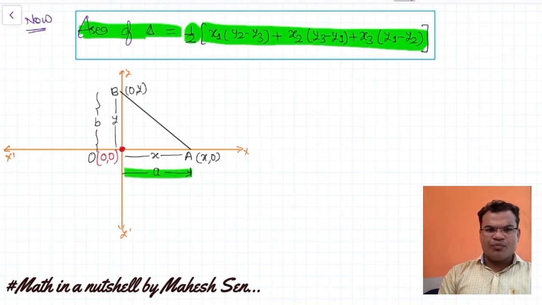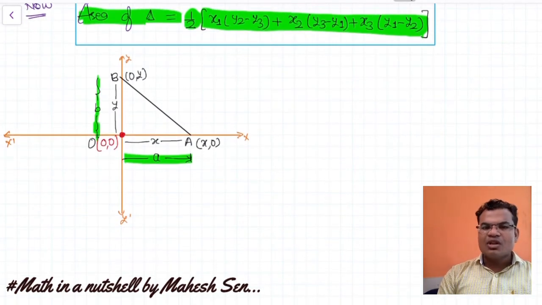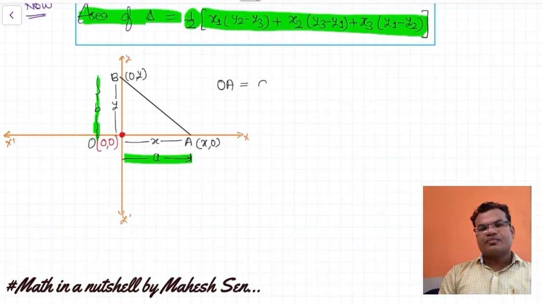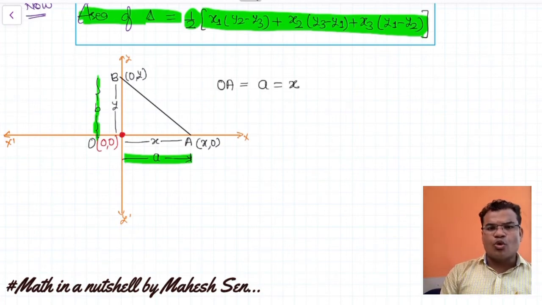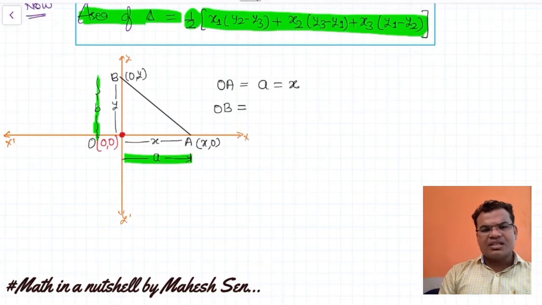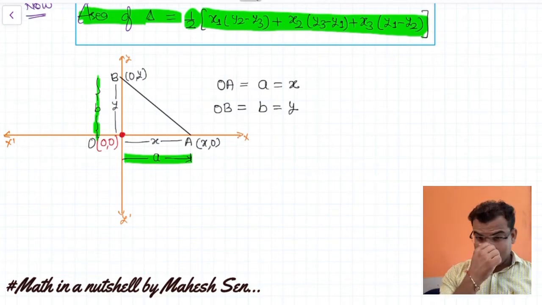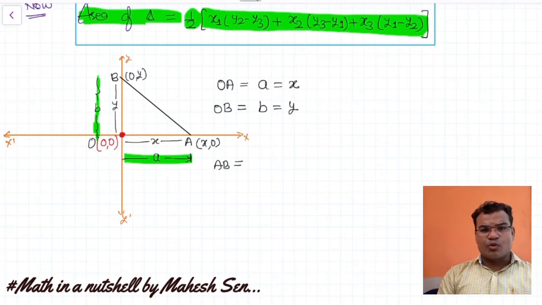And if you have AB also, we can take it as c, because a, b and c are the three sides of the triangle BOA. I'm writing here OA is a, which is x, OB is b, which is y, and AB we suppose is c.